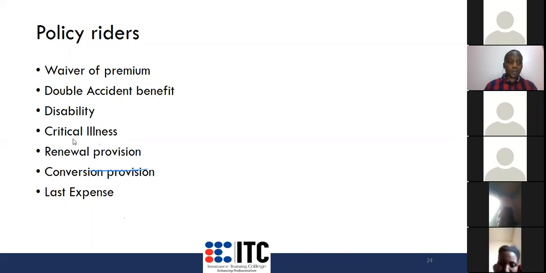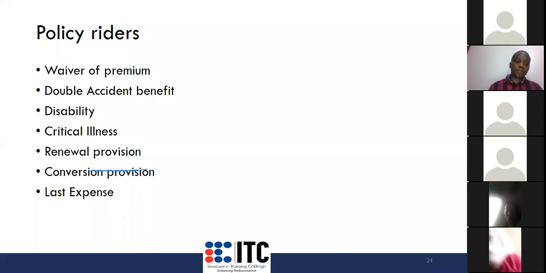Yeah. Then we have critical illness. There are several illnesses that we can term as critical. For example, these chronic and terminal illnesses that have, in terms of prognosis, we expect the person to have a short time to live after.